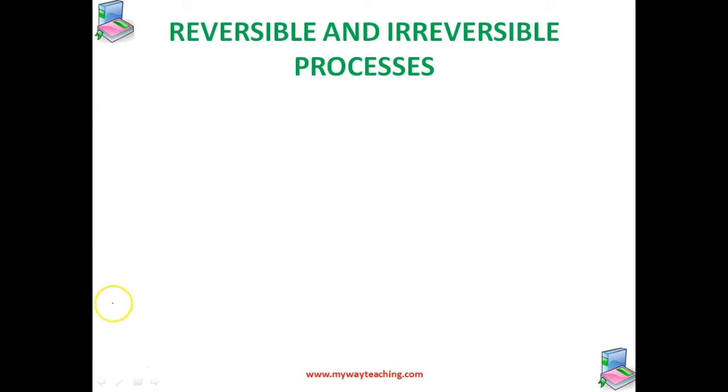So reversibility is the basic concept in thermodynamics. See, because one of the concerns of thermodynamics is the efficiency with which heat can be converted into work. So that is the basic concern of thermodynamics. Okay.